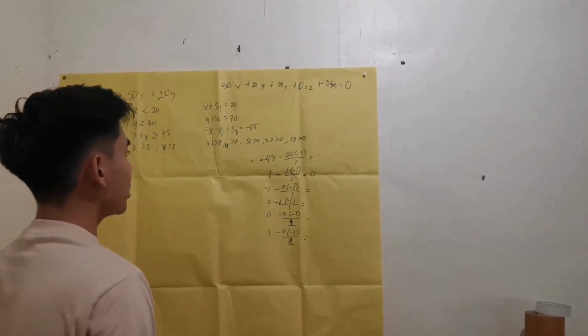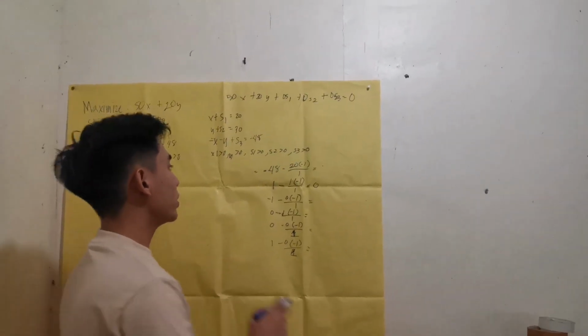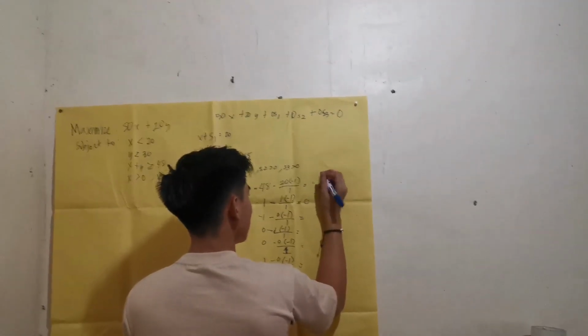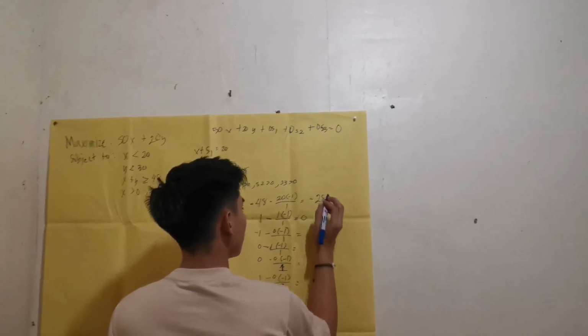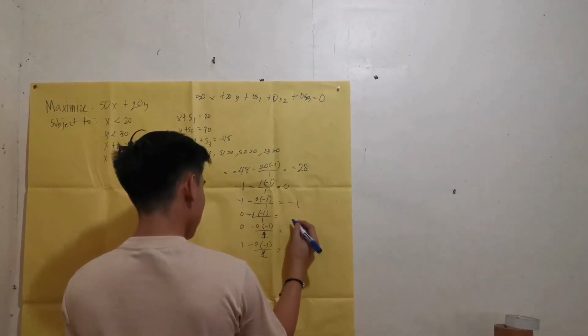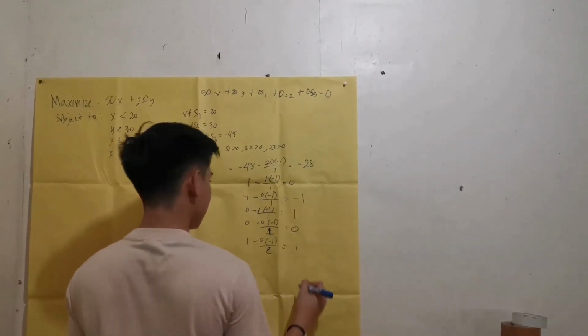So 48 minus 20 times negative 1 all over the pivot element is negative 28, then 0. Let's just compute. Negative 1, 1, and 0, and 1.